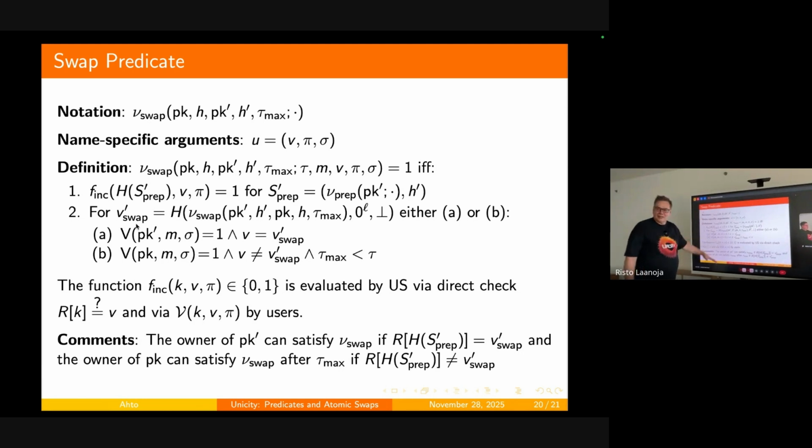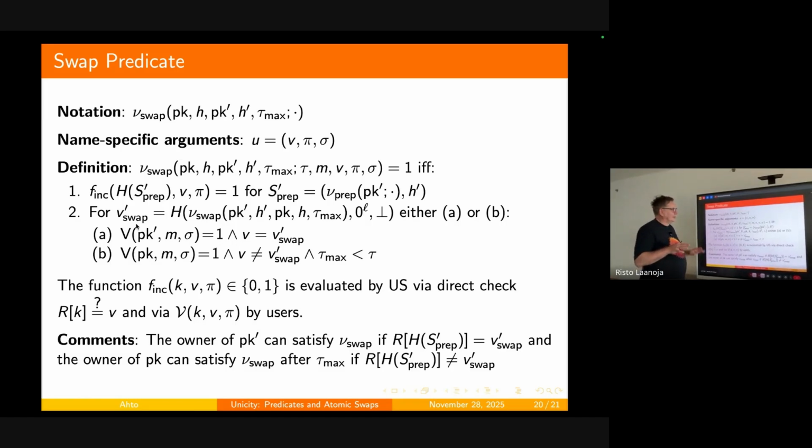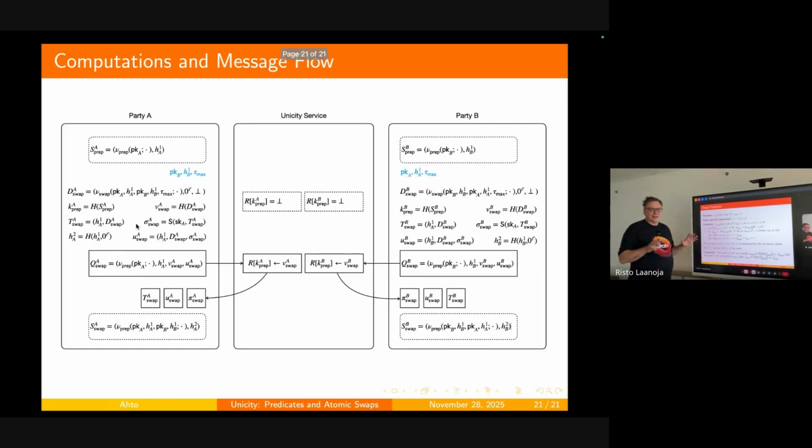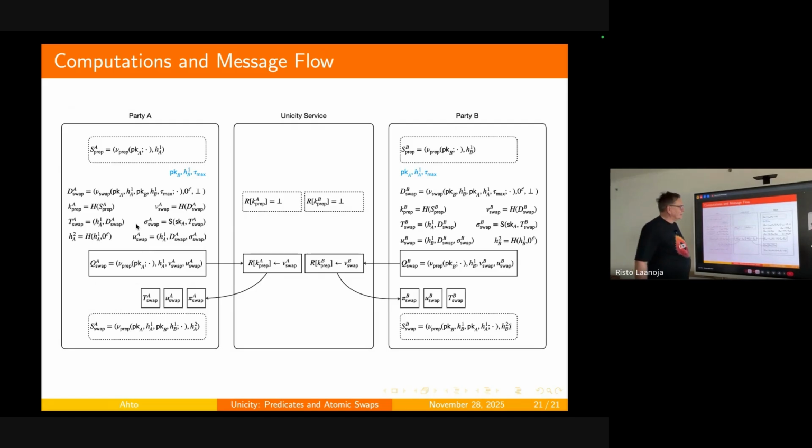So more or less, the idea is understandable. In the upcoming paper, we also provide the proofs that it really works under the assumptions that the hash function is collision-free and the signature scheme is existentially unforgeable.